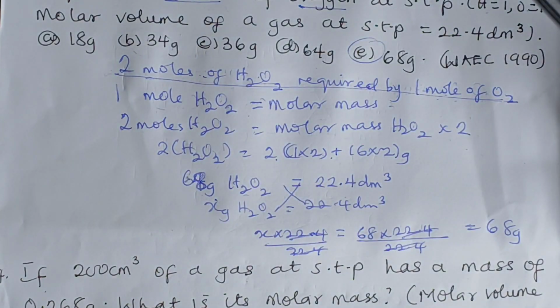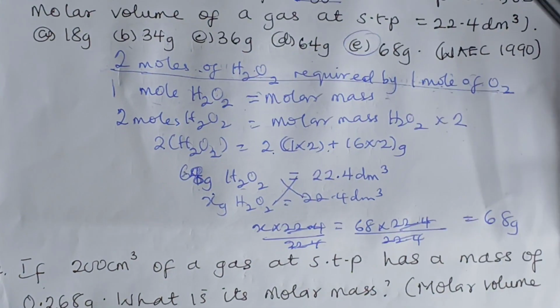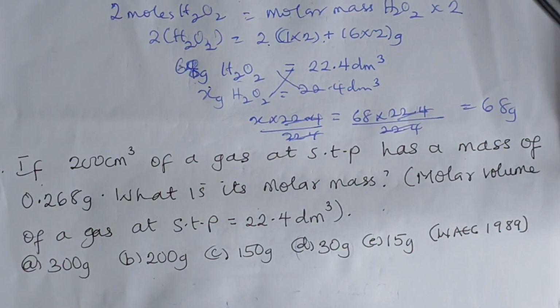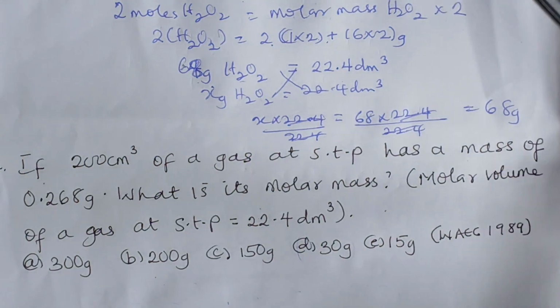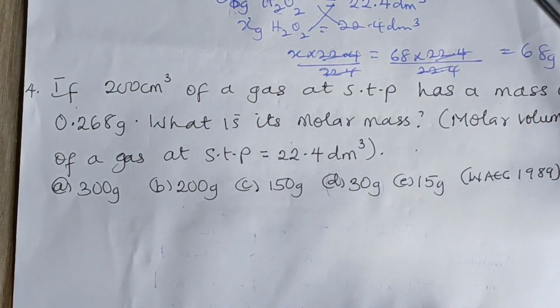The next question: if 200 cm cube of a gas at STP has a mass of 0.268 grams, what is its molar mass? What is the molar mass of that element? Now, the molar volume of a gas at STP is 22.4 dm cube, which is a known standard.